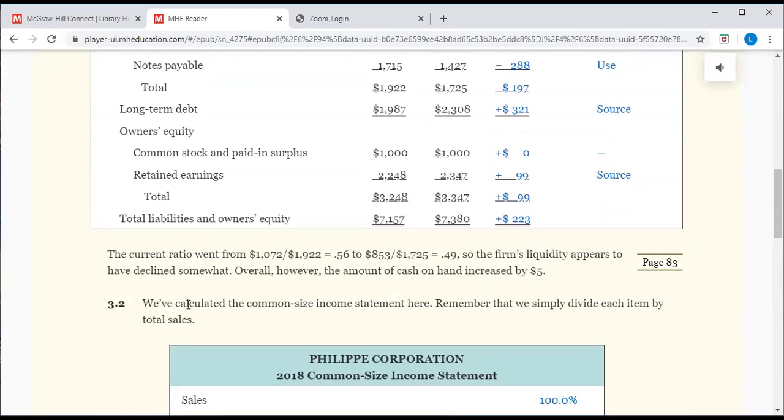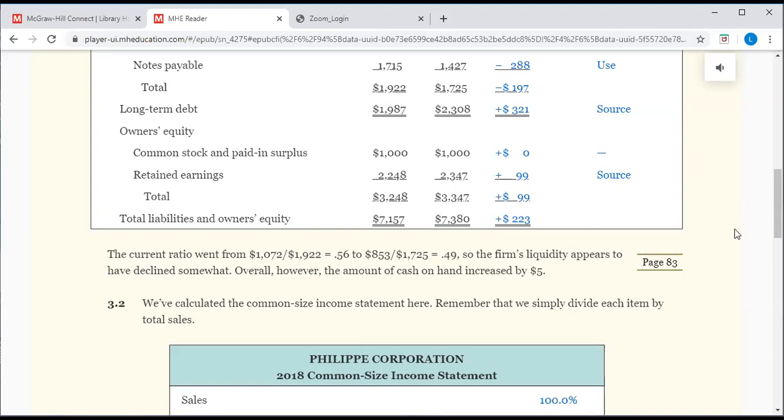So if we keep going, the current ratio went from 0.56 to 0.49 during the year. So the firm's liquidity appears to have declined somewhat.